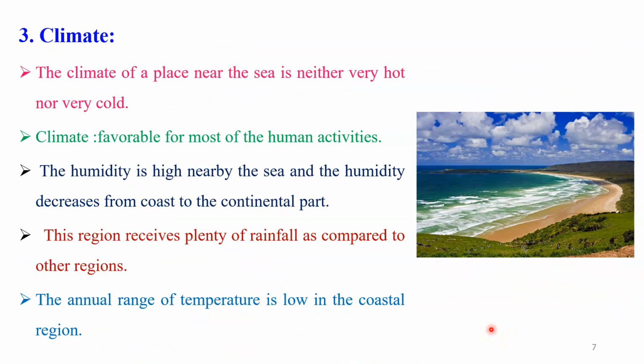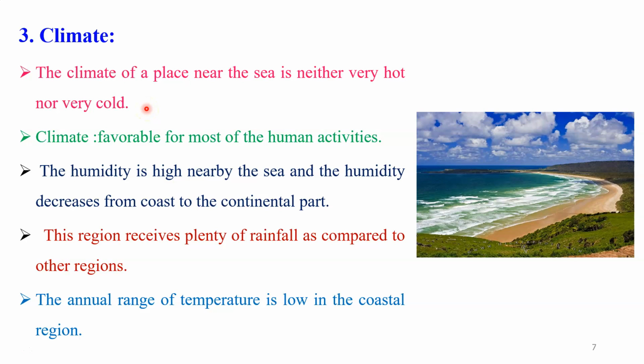Then if you're talking about the climate of this particular area, the coastal region has a humid climate. The very important feature of this climate is that the climate near the sea is neither very hot like a desert region nor very cold like Antarctica or the tundra region.